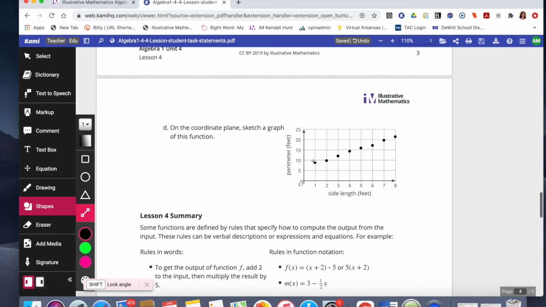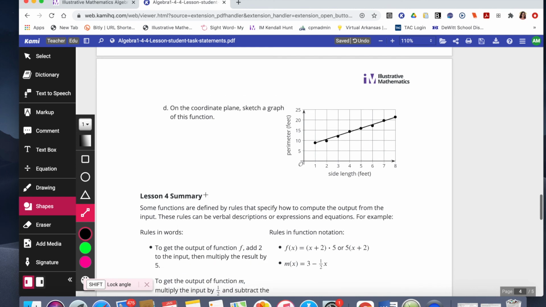Well, maybe you can. So this does make it a little bit better. Okay, so I just clicked and dragged that and kind of made that line, and you can see that my points are not exactly straight. Okay, so this is actually a linear function. It's a straight line, and it was increasing by 2 every time.